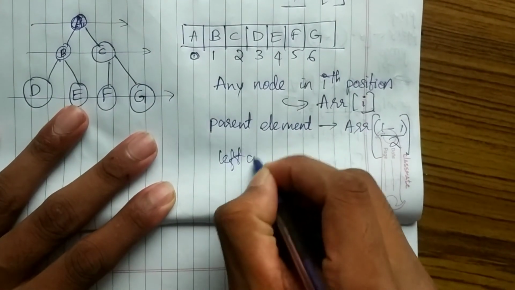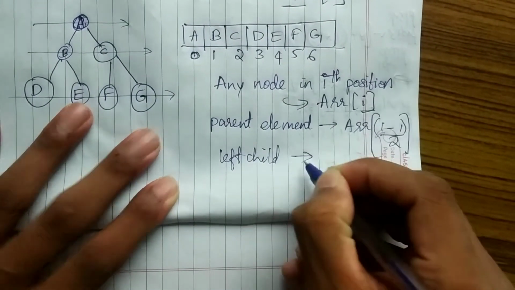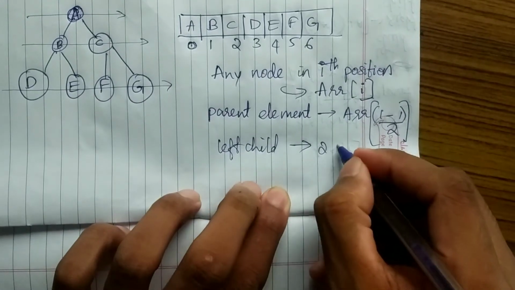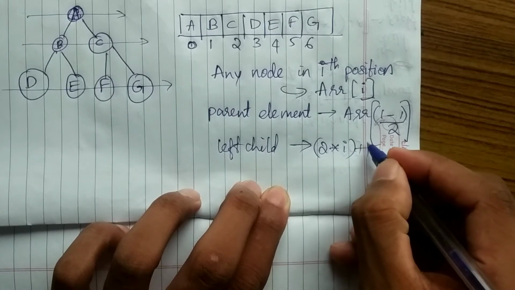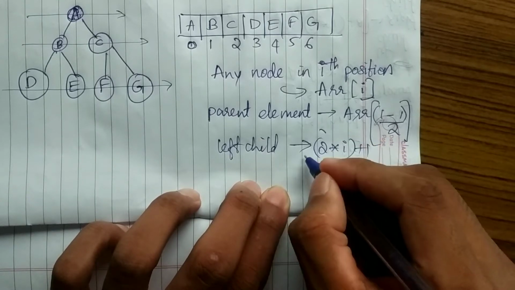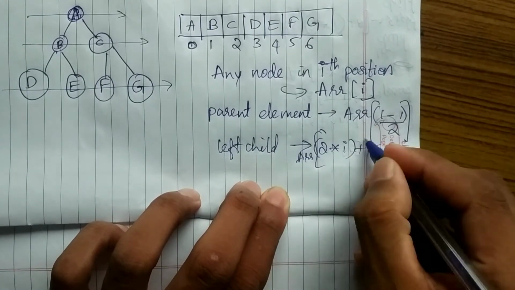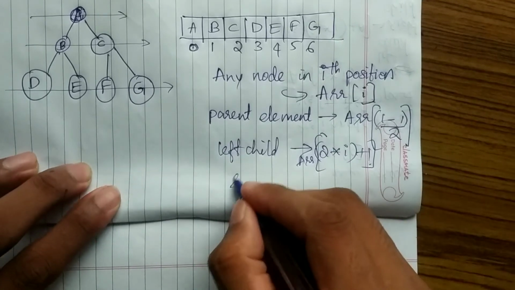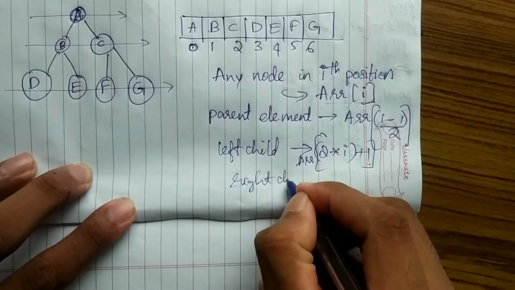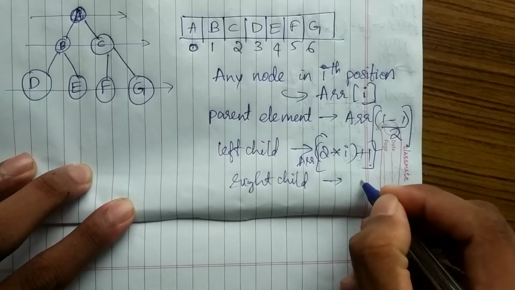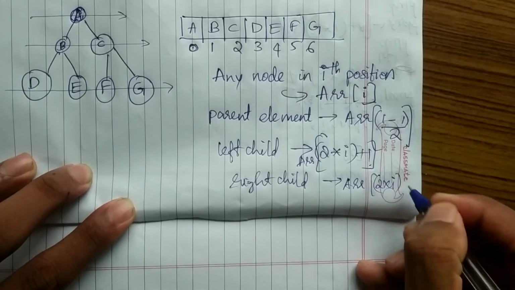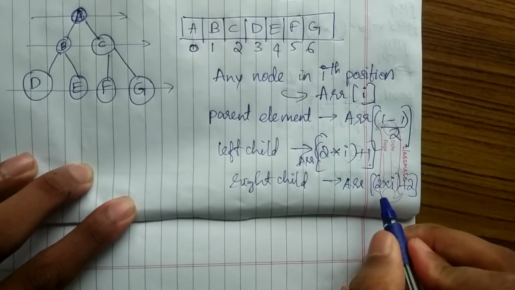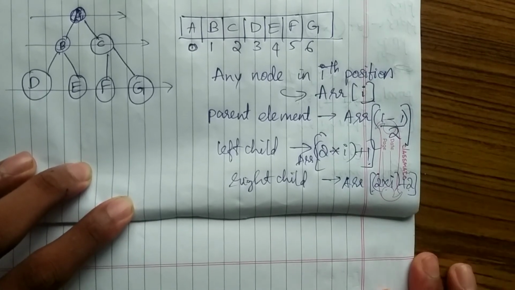The left child is stored in array of 2 star I plus 1, nothing but 2 into I plus 1, and the right child is stored in array of 2 star I plus 2, nothing but 2 into I plus 2.